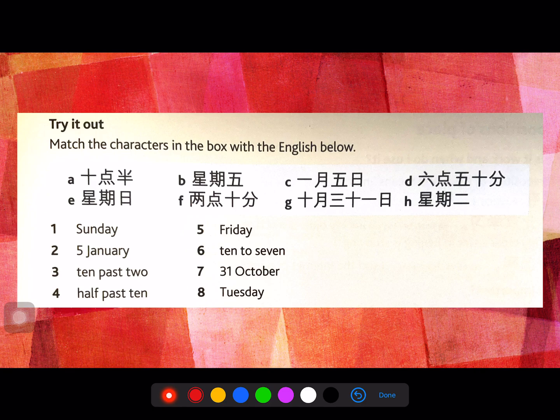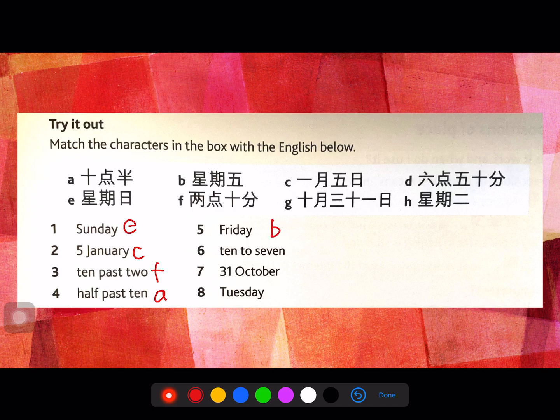The first one, Sunday is 1, 星期日。2 is 1月5日 which is C. And 3, 10 past 2, 2点10分。4, half past 10, 10点半, is A. 5 Friday 星期五 B.